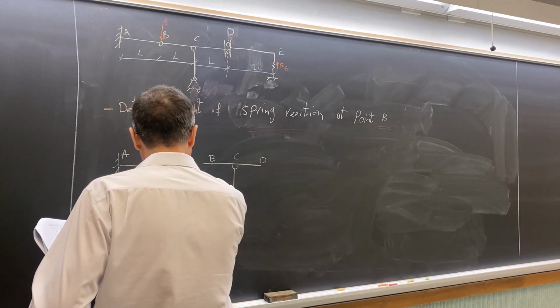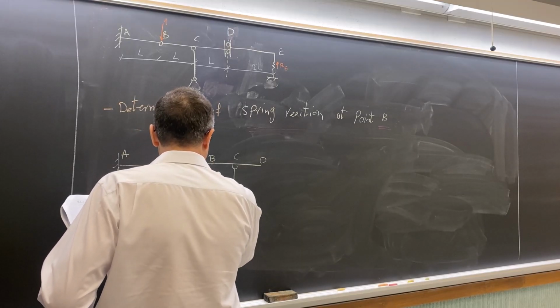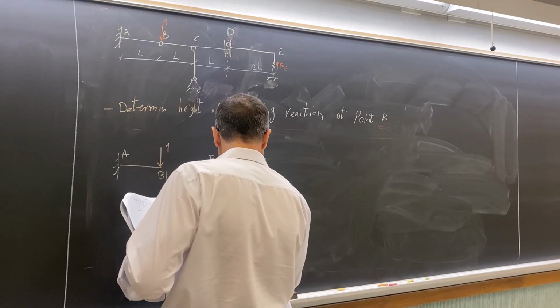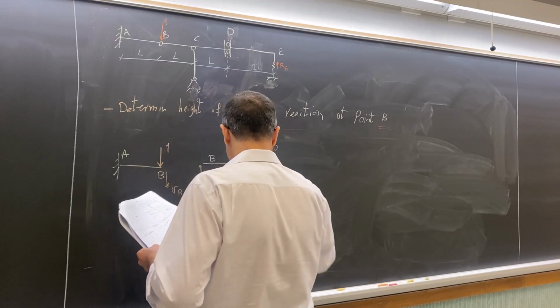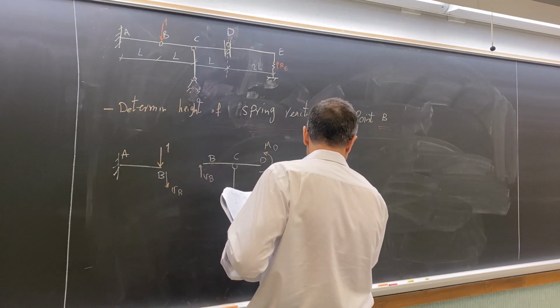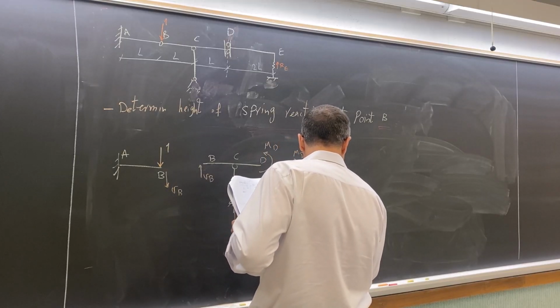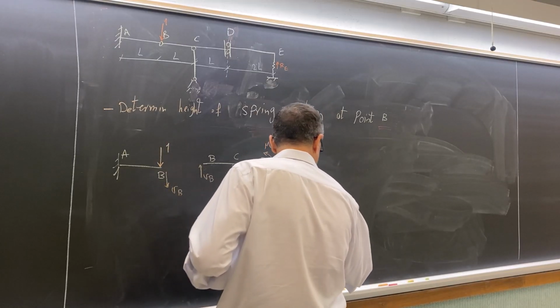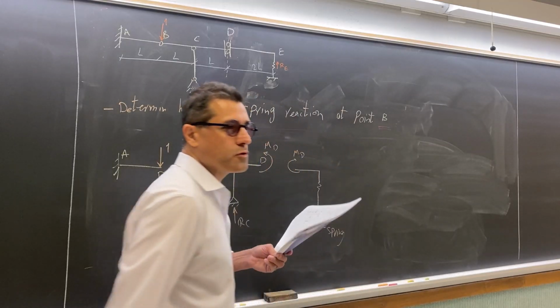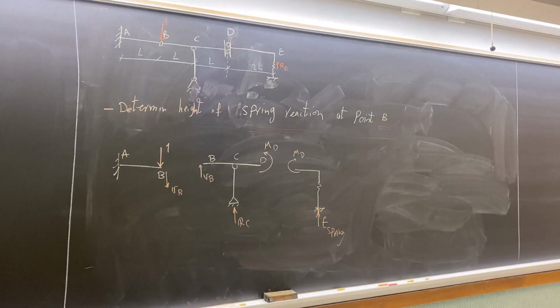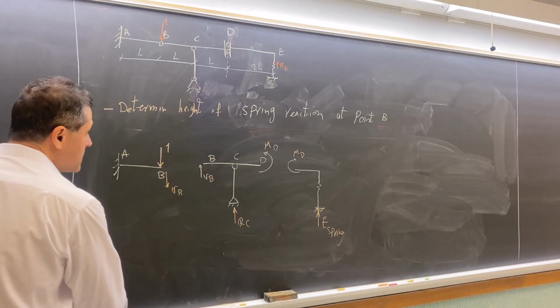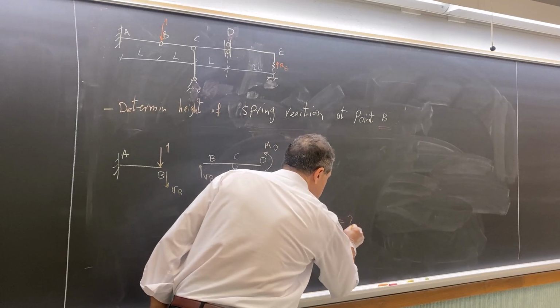We have VB here, according to the sign convention, RC here, moment MD, E for spring. Any question for these internal forces? Clement, any question? Emma, any question? Okay. So basically we are looking for this, E for spring.